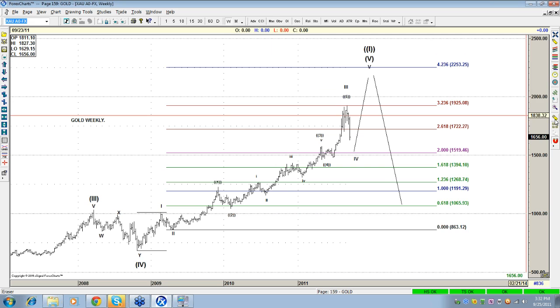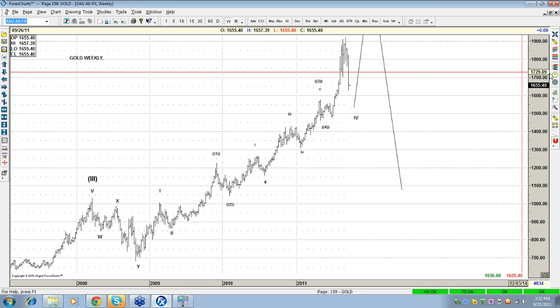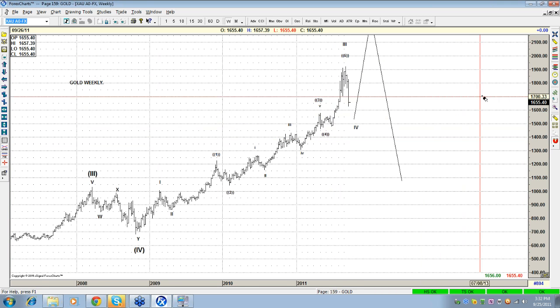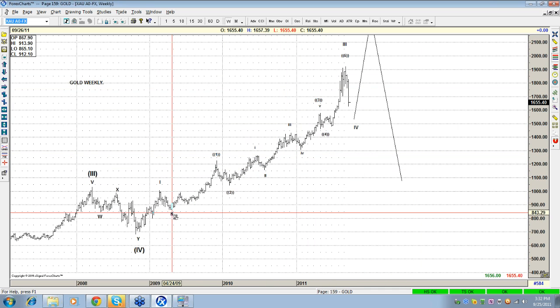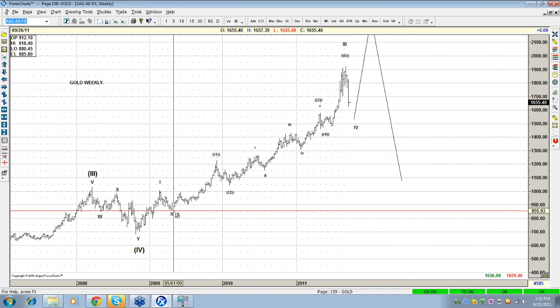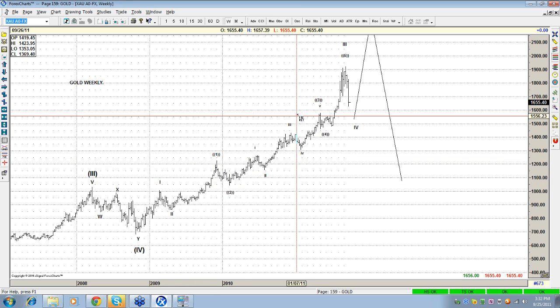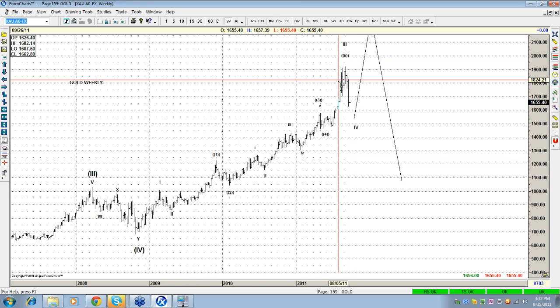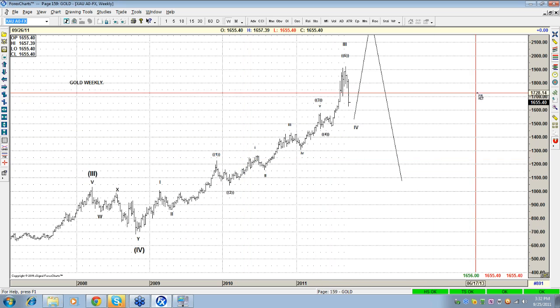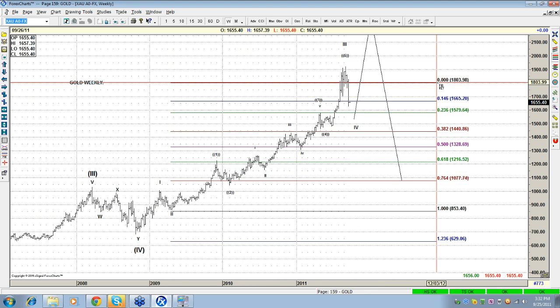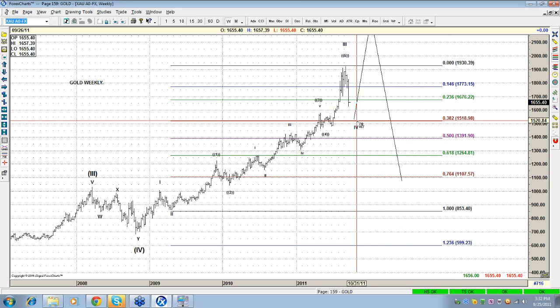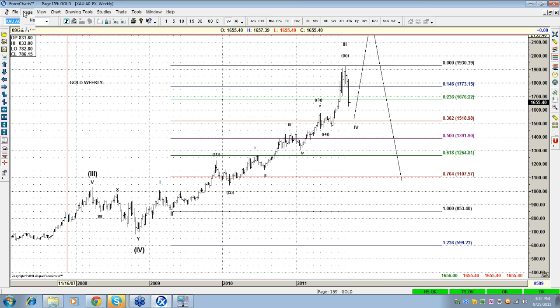And then right there we see that we got this leg that went 1, 2, 3, 4, and a 5. There is no divergence. So now what I'm looking at is the previous 4, the count on the previous 4. Now that's on the weekly.